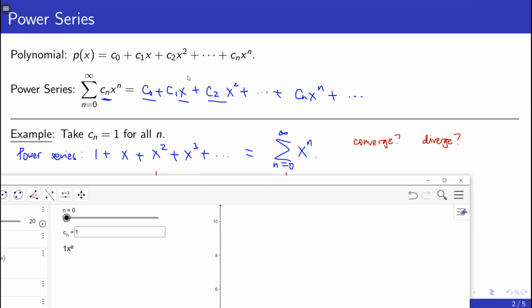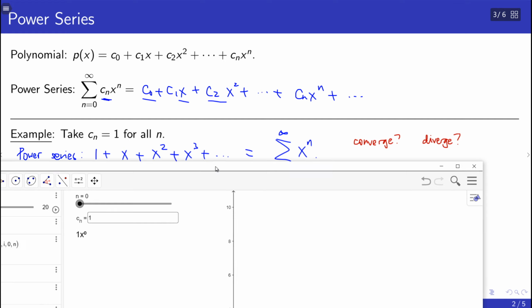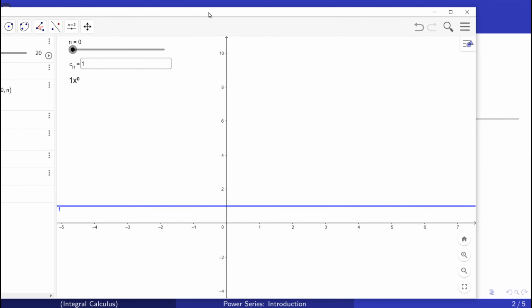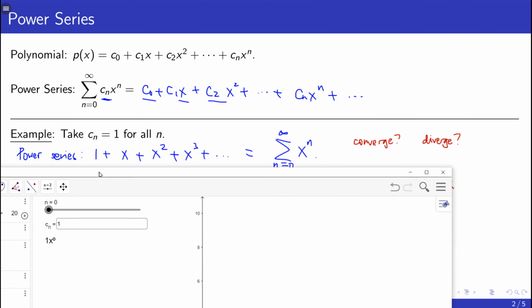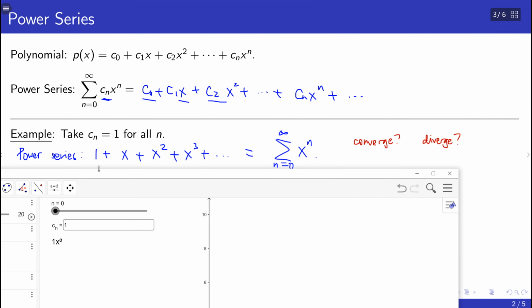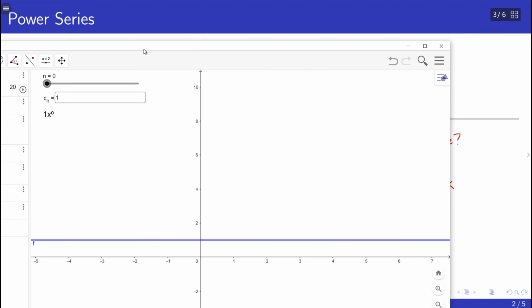If that exists, then it's convergent. So let's look at the partial sums, which is just stopping at the nth degree term. So at n equals 0, what does your partial sum look like? Well, it's just 1, right? It's just a constant function 1. That's why you just have this horizontal blue line here on your graph.